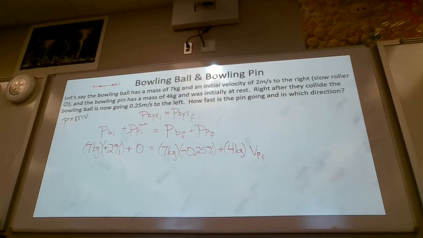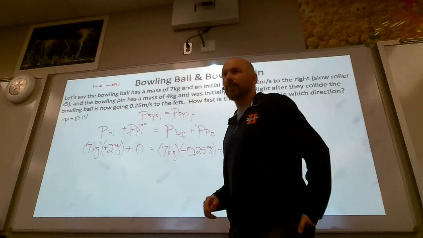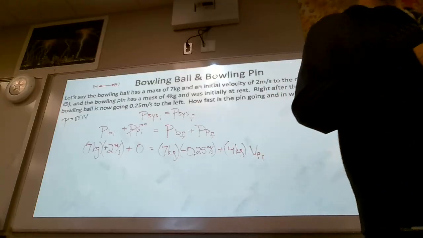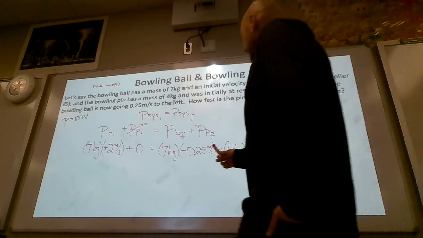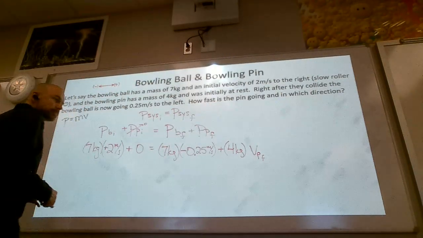Only assign positive and negative signs to things that you have values for. Good with that? And that's the setup. That's as hard as it gets. The math in this unit is easy. There's just bookkeeping to do with assigning positive and negative directions.